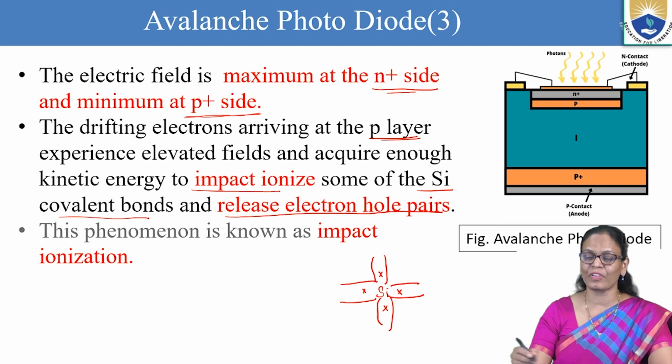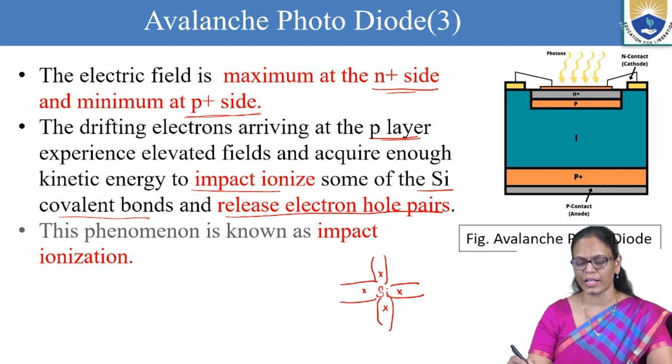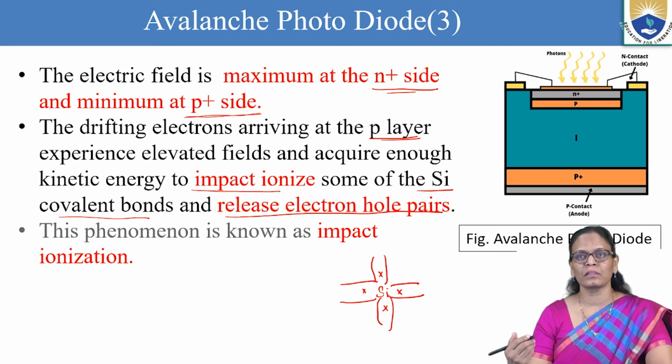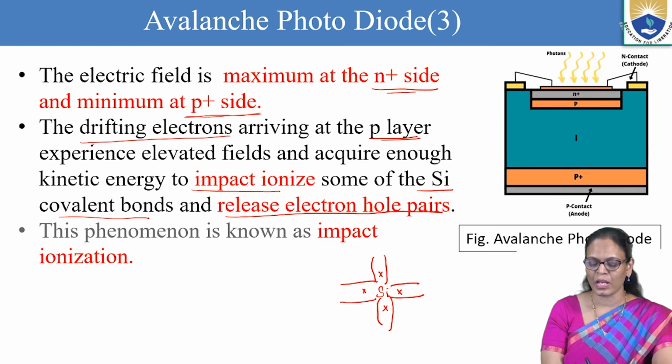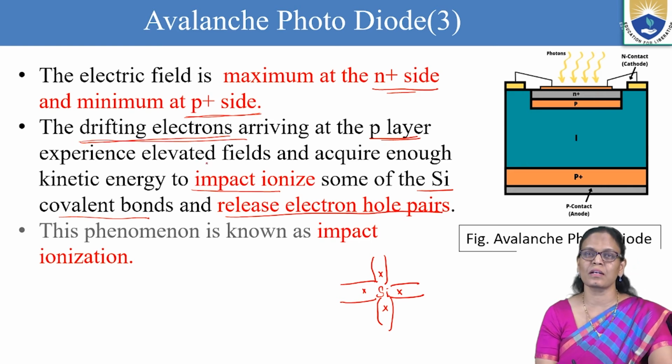Now, as we are applying the reverse voltage and the light that is incident on the N plus region will generate electron hole pairs, these electrons will start drifting towards the P layer and they will experience a heavy electric field and they will acquire so much energy to ionize some of the covalent bonds.